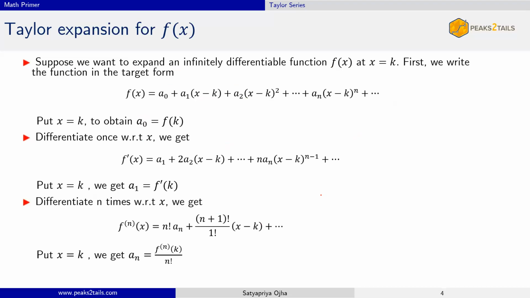All right. Now, how do we derive this? Let's take this general form, f of x equal to this. Our objective is to find out these coefficients. How do I find out these coefficients? Actually, this slide is taking all the fun out of it.